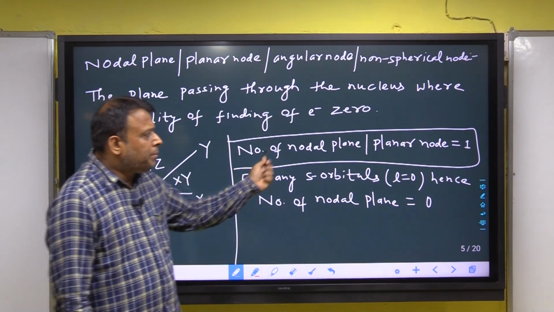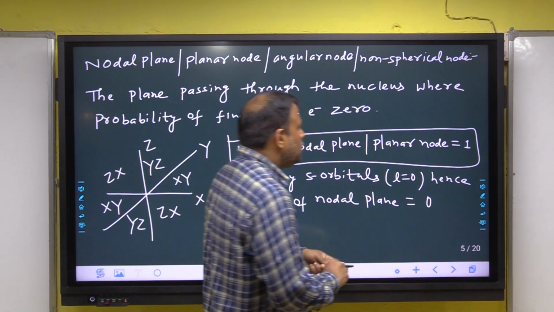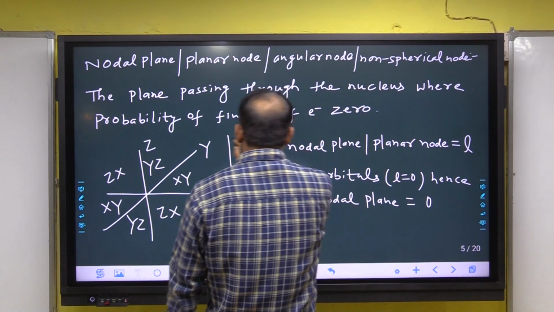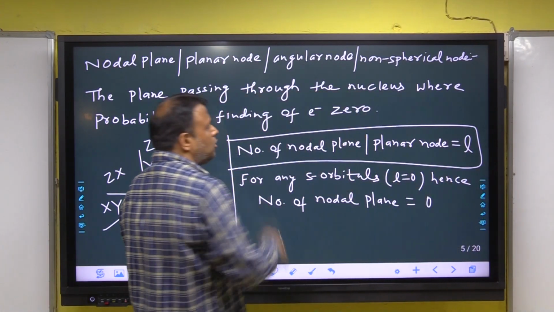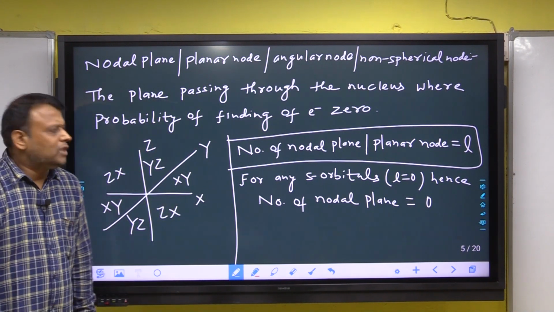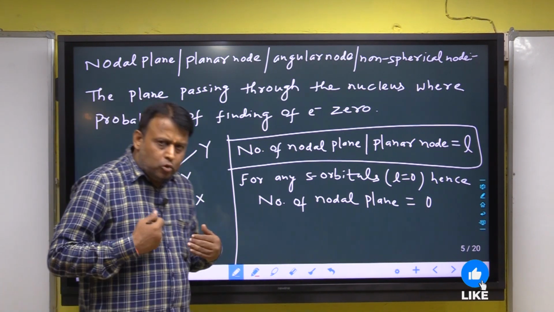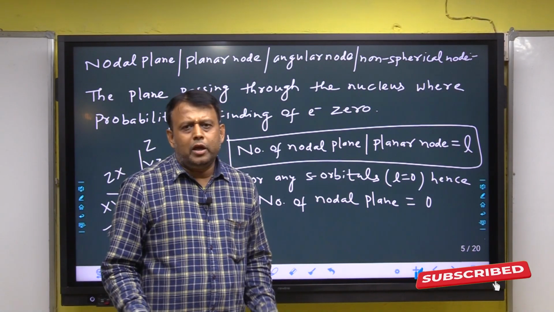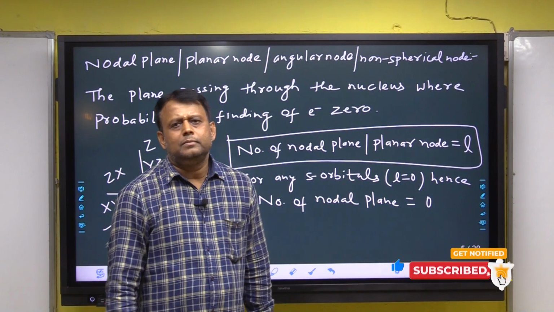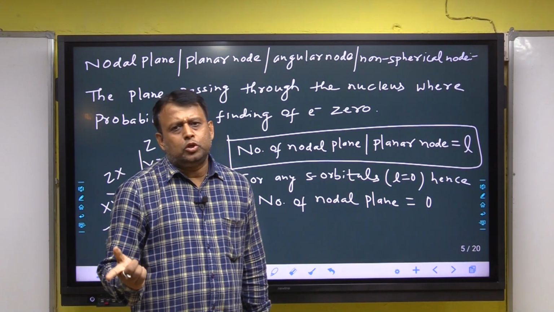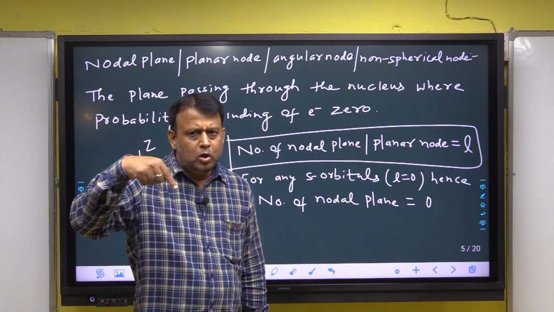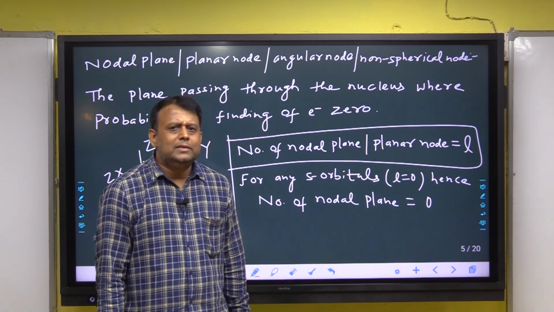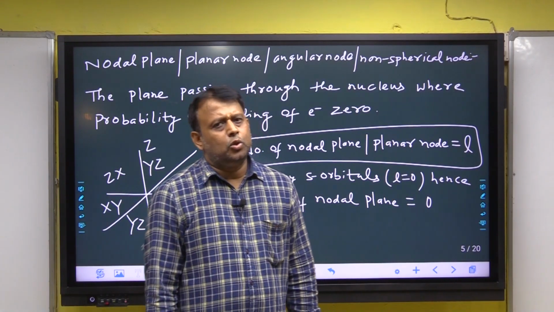Now, the number of nodal planes or number of planar nodes is equal to L, and L is the azimuthal quantum number. We know that for any s subshell, L is always 0, and hence for any s orbital, the number of planar nodes is 0, because s has a spherical shape and in all planes the electron moves, and hence a sphere has no nodal plane.